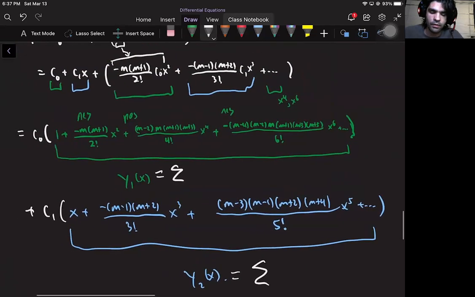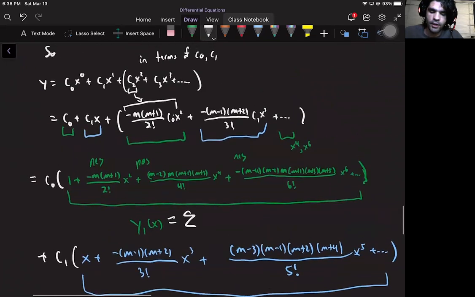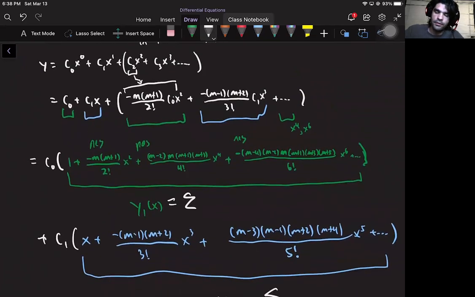But notice what happens when I plug in 0 for m to this green part. So what happens if I plug in 0? Well, m is 0, so 0 times 0 is 0. There's another m here, so that's 0. That m is in every single term.